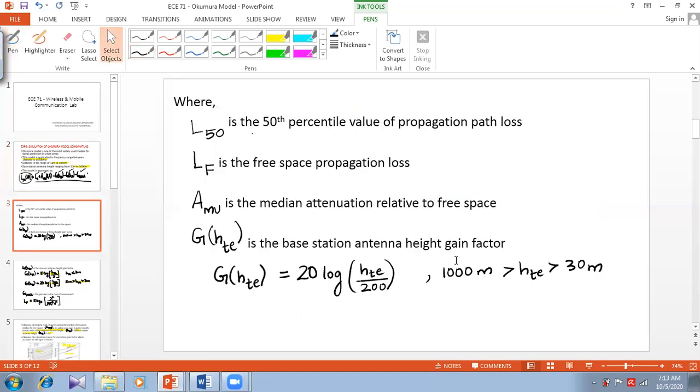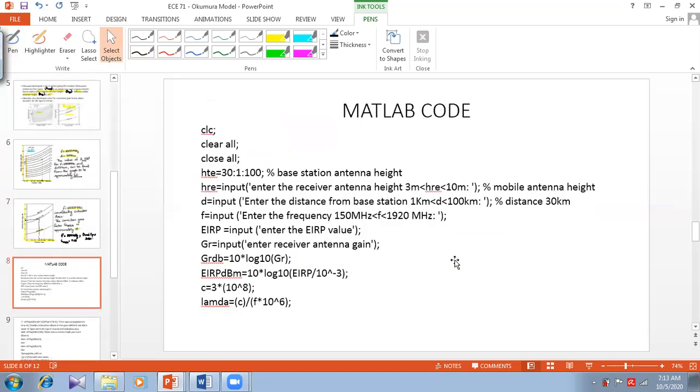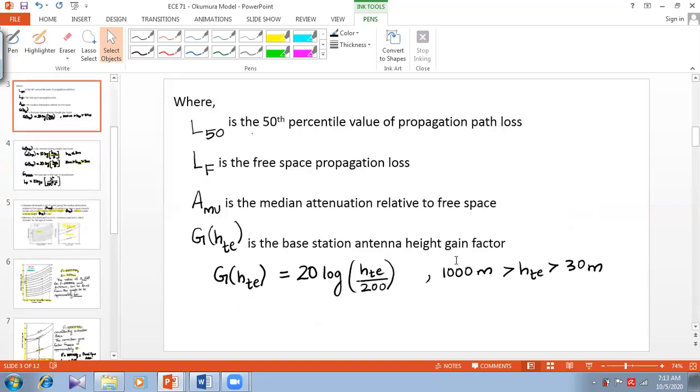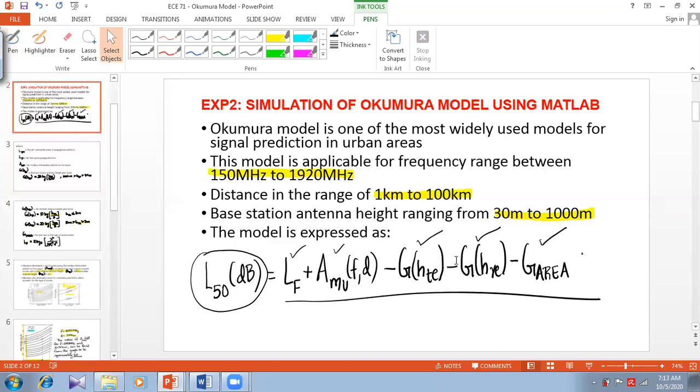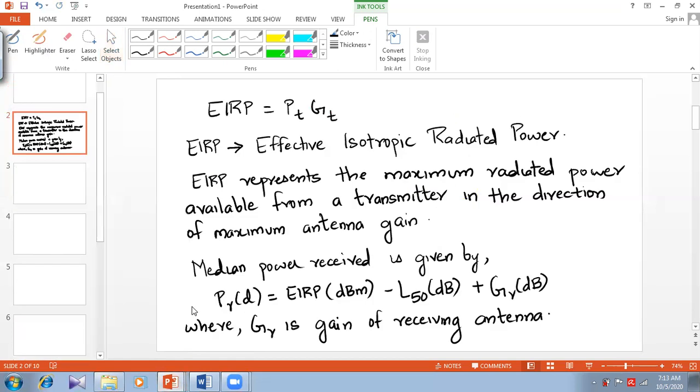Okay. Now let us go further. If you have understood this well, we can go further and look into the MATLAB code. Before getting into the MATLAB code, along with the Okumura model, we have also in this particular lab asked you to find out the median power.